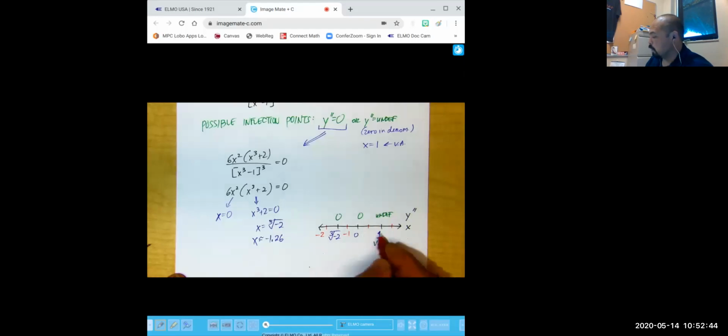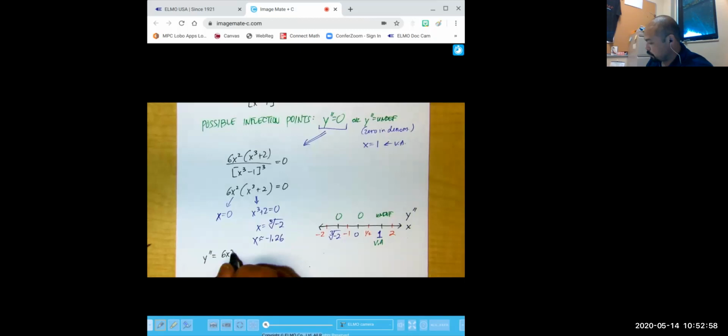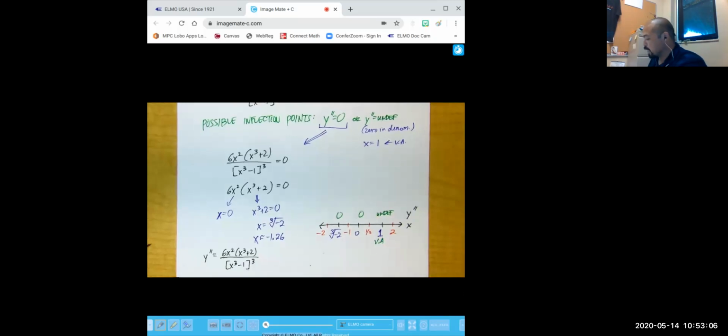Something between 0 and 1, 1/2. Bigger than 1, positive 2, let's say. So as we start to compute, looking at our second derivative, this one's a little bit more in depth, unfortunately. We can't make as many shortcuts.